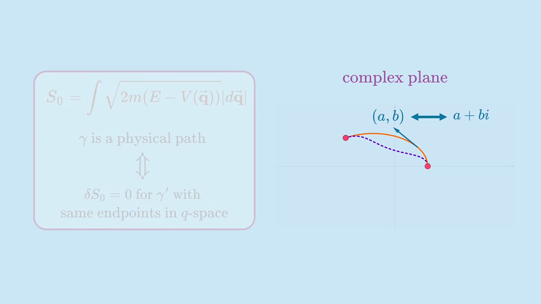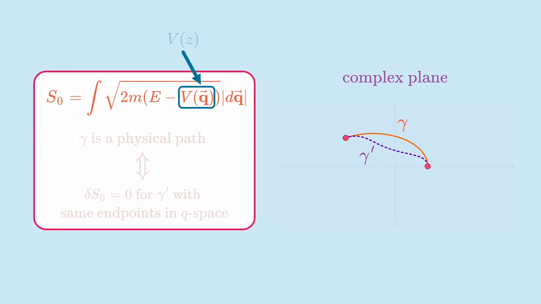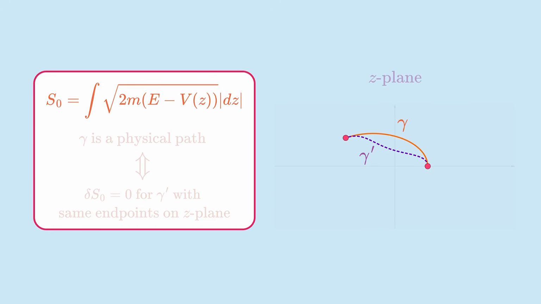We can then rewrite everything using the language of complex number z. For gravity, this potential V is negative GMm over distance from origin, or negative GMm over the modulus of z. But for now, let's keep the potential general. I guess we should also call this the z-plane now that we have changed everything to z.